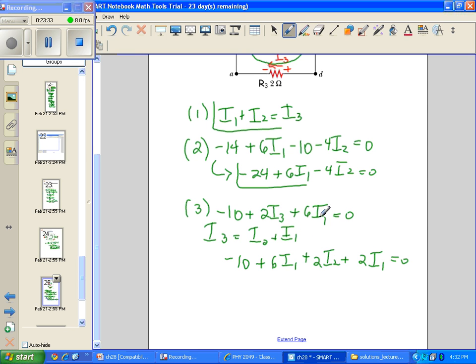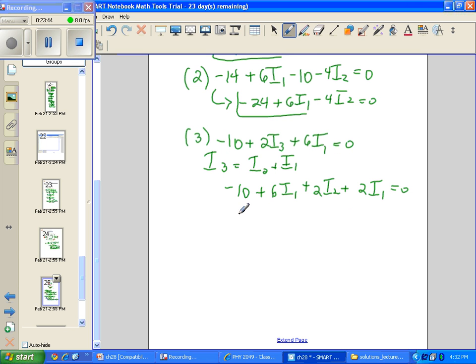And I just happened to write my I1 term first because I wanted to be consistent with the order that I have equation 2 in. Well, let's clean this up a little bit. We have minus 10 plus 8I1 plus 2I2 equals 0.